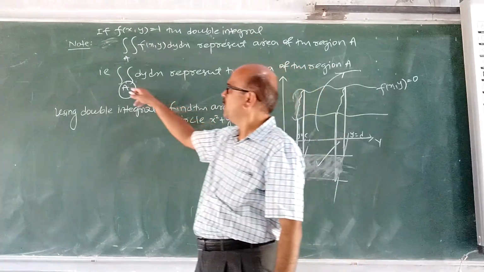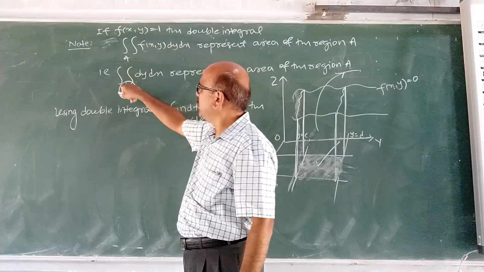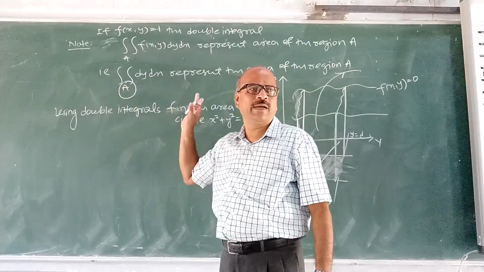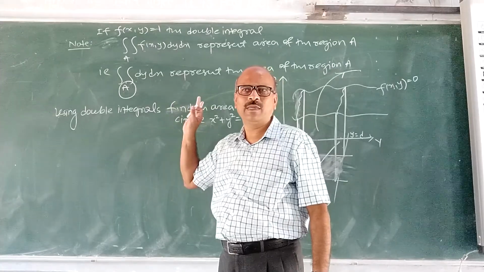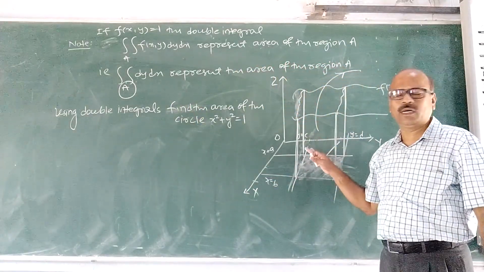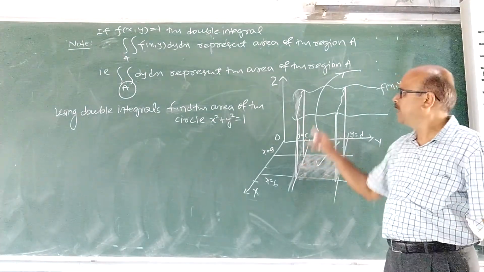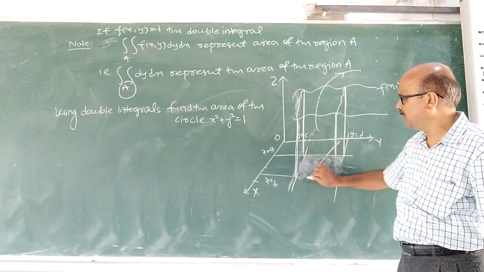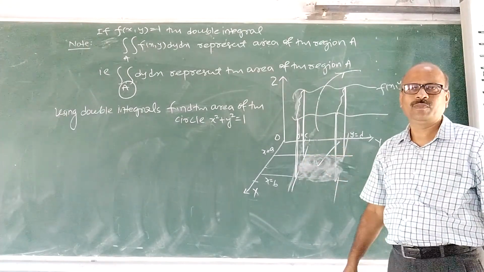You need not prove that the double integral dy dx over the region A gives only area. That proof is not required. But I explain how that represents only area. When f of xy is 1, the double integral becomes this area.